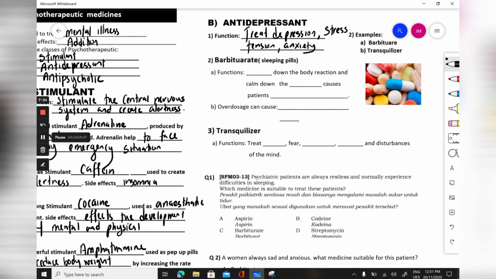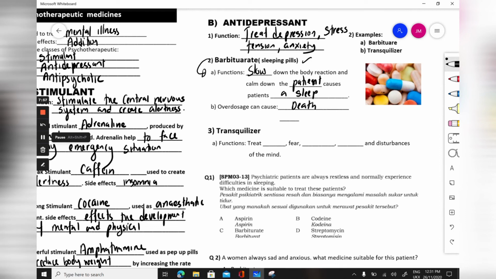The first example of antidepressant is barbiturate. Barbiturate pill is known as sleeping pill. The function of this pill is to slow down the body reaction and calm down the patient, causing the patient to fall asleep, and overdosage can cause death.